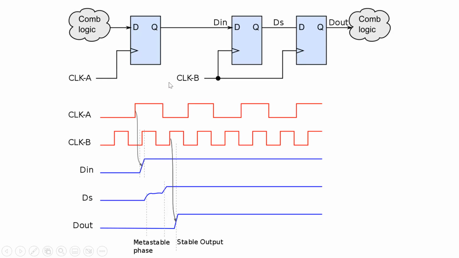Because of that, this D over here is in a meta-stable state. Meta-stable state means it needs to go high. And it started going high.